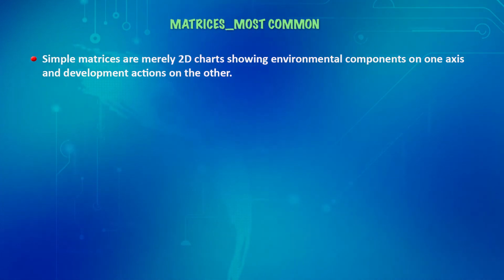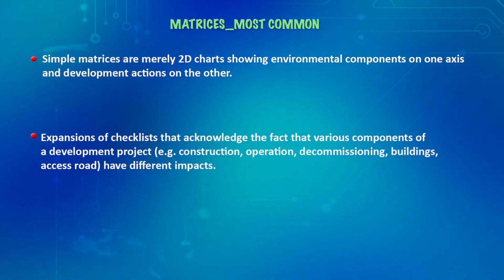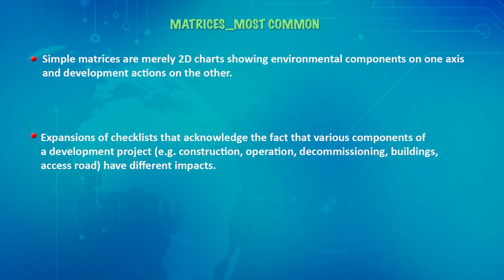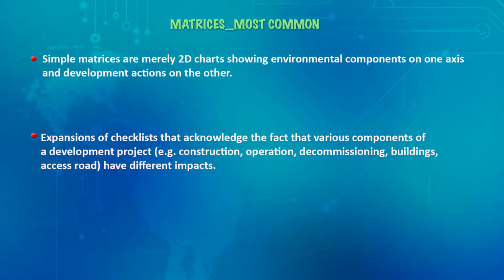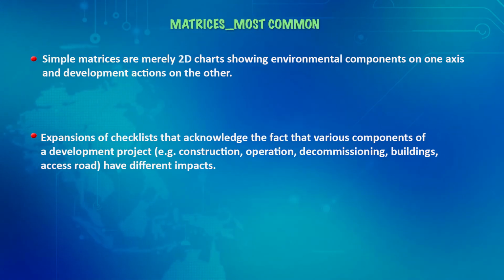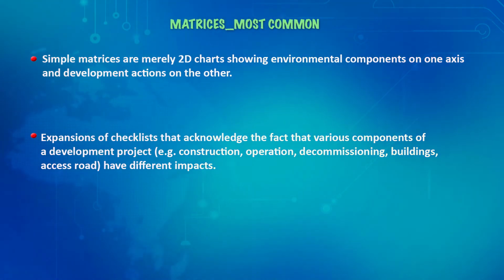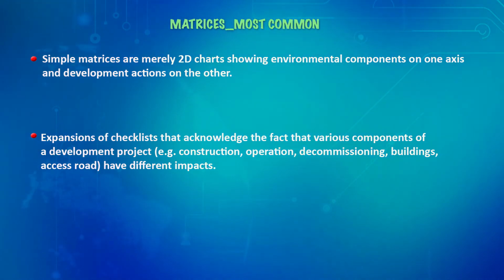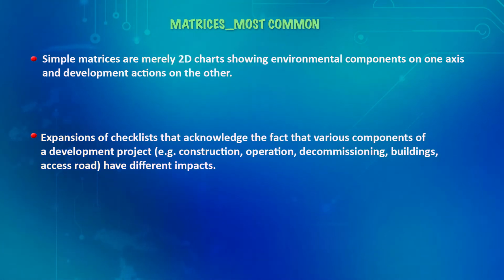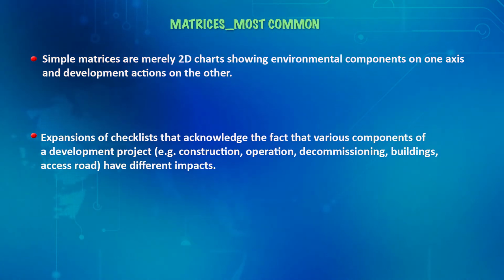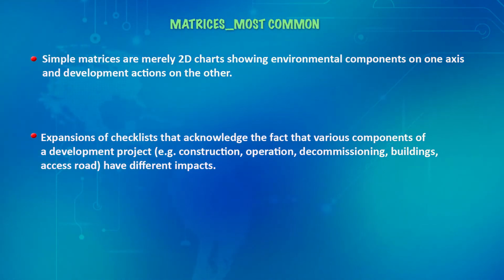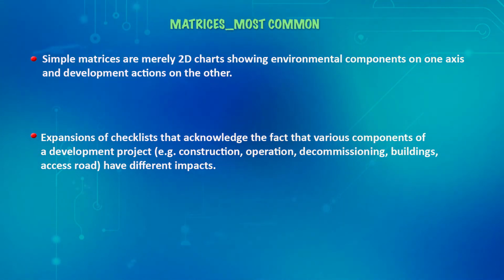It is basically a kind of improvement, an expansion of the checklist that acknowledges the fact that various components of the development project, whether it is a construction activity, an operational activity, or decommissioning, every aspect of the development project will be factored in and placed on that particular axis, and each and every component of the project will have its own impacts. Okay. So this is basically the simple matrix. It is basically a two-dimensional one.